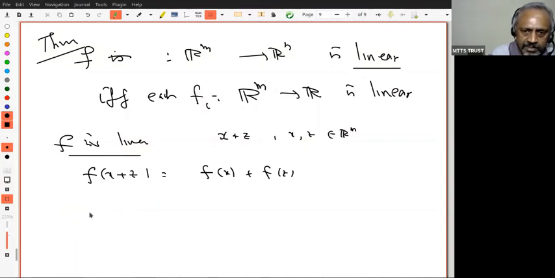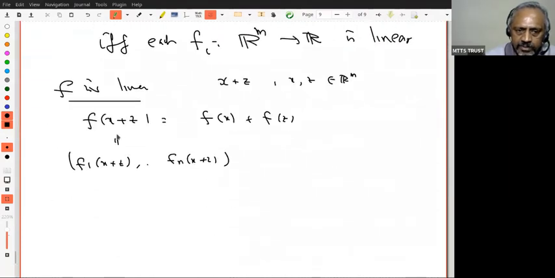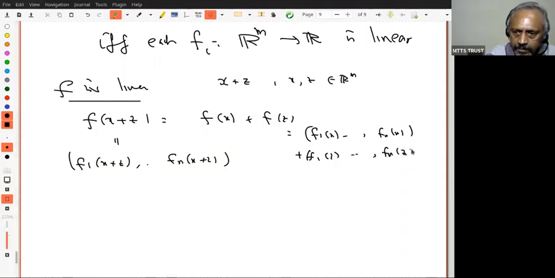But f of x plus z is f1 of x plus z up to fn of x plus z. Do you understand? Because f of x is f1 of x up to fn of x. Therefore, I am writing the coordinates, and the coordinates will be functions of x plus z. And here, what do I have? I will have f1 of x plus f1 of z up to fn of x plus fn of z. Okay, these are two vectors in Rn. But what is the sum of these two vectors?